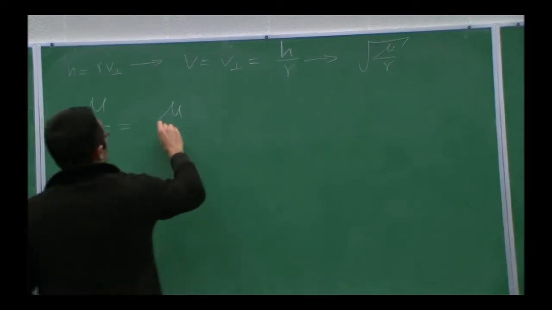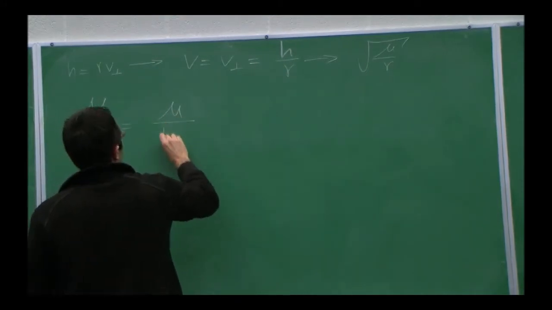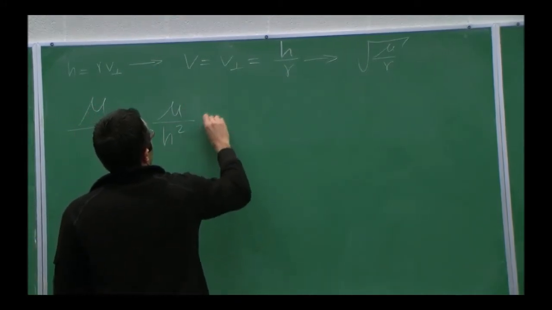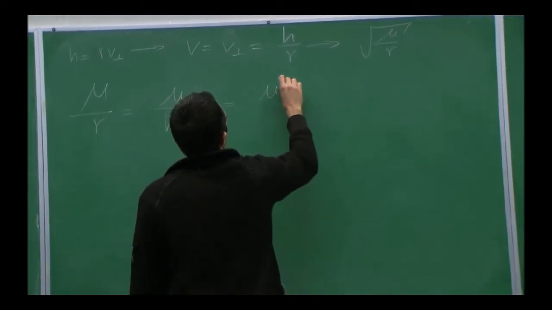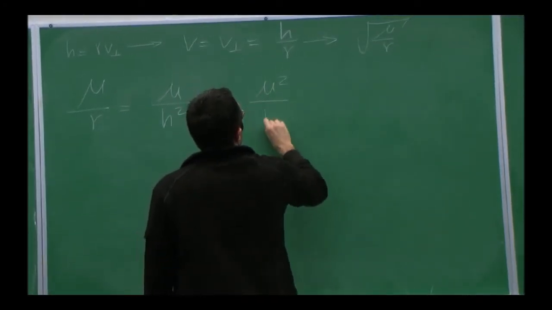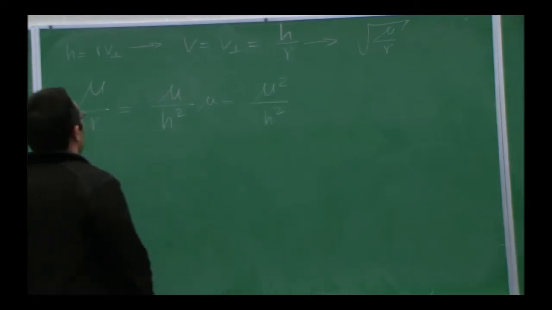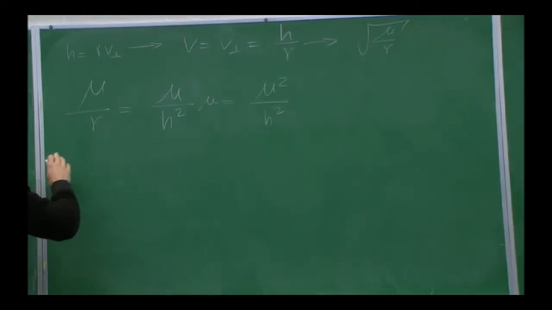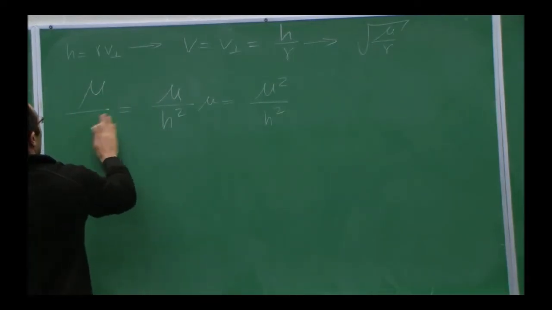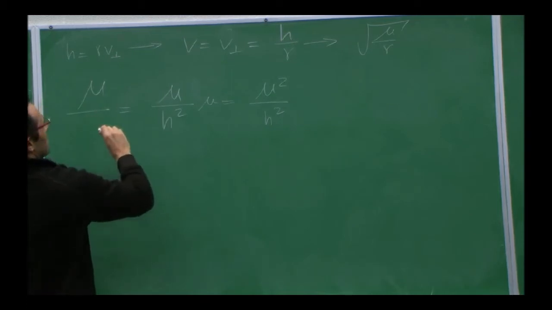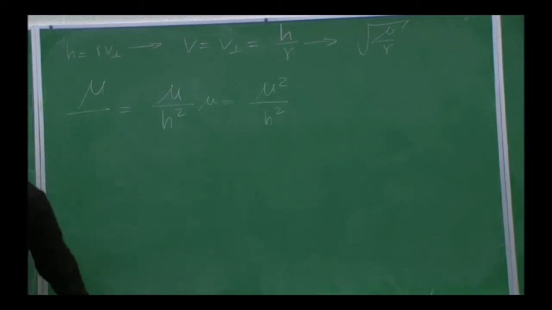This is my r. I'm sorry, this is mu. What am I doing here? I'm getting lost. I'm sorry.